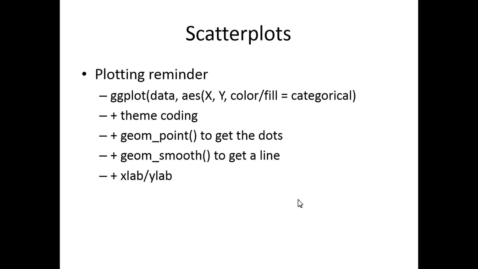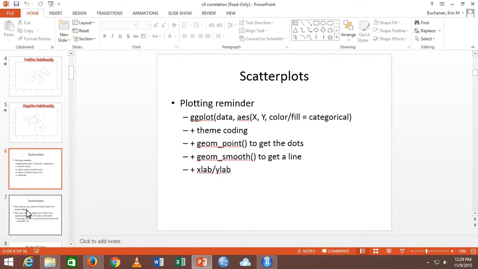More than likely it's going to be color, because color will give you the color of the dots. Fill is if you're adding the regression line, and that'll change the fill of the confidence interval band. Plus all of our theme coding that we've been using all year. Geom point gives you the dots, geom smooth gives you the line, and then X and Y labels.